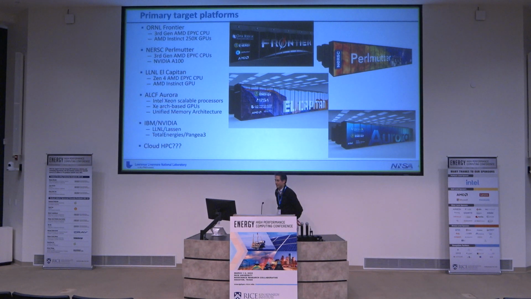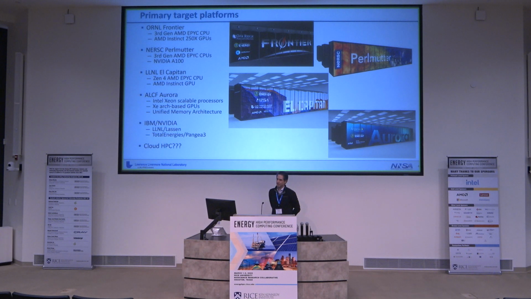Our primary target platforms are these. The platform we're getting graded on in the ECP project is Frontier. We also have efforts to run on Lawrence Livermore's LCAP and NERSC Perlmutter.